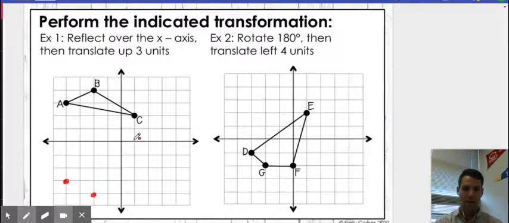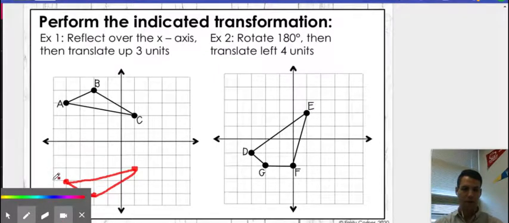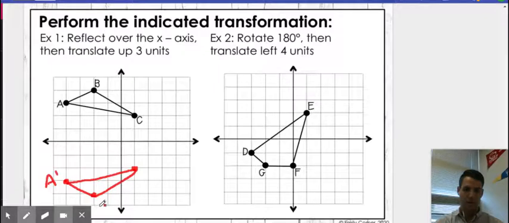And then C goes down 2 spaces. So we have a reflection there, and we can connect our points to make our first image. And we can label this with A prime, B prime, and C prime.